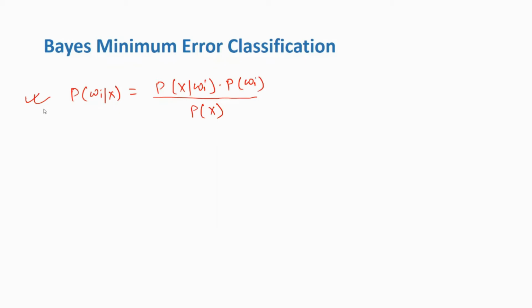Now this probability of x, the denominator part, can be ignored. Why can it be ignored? Because we are trying to find the probability of different classes.